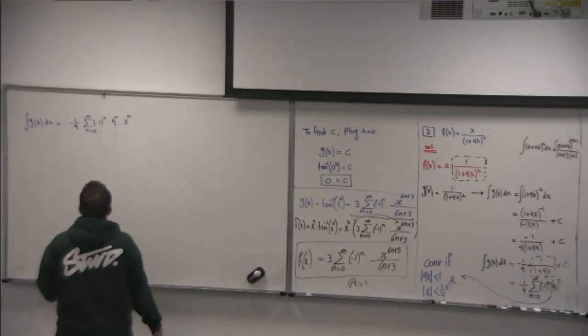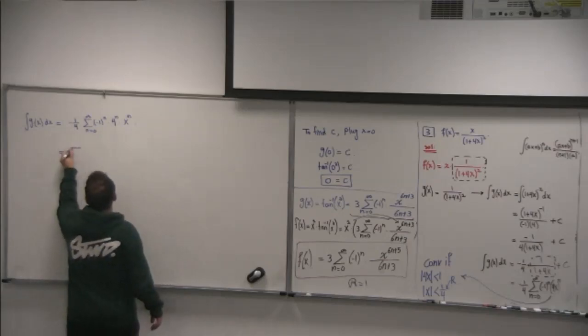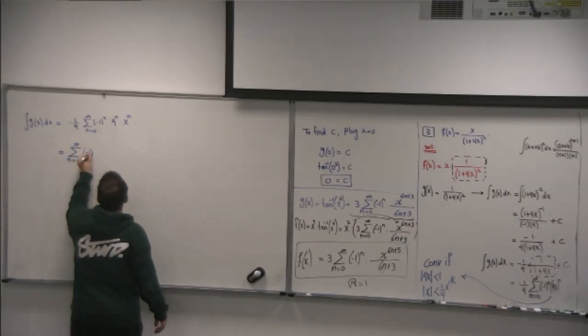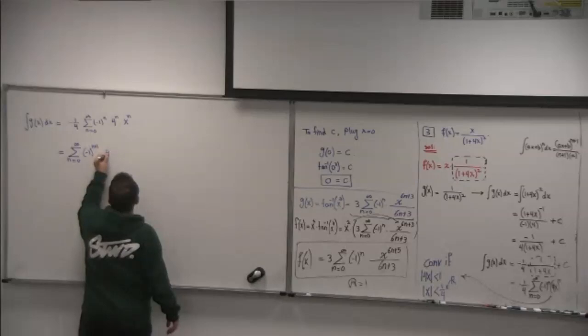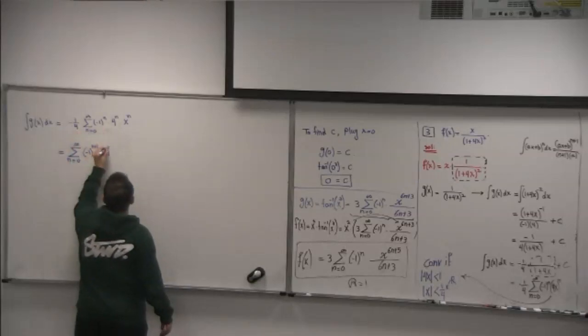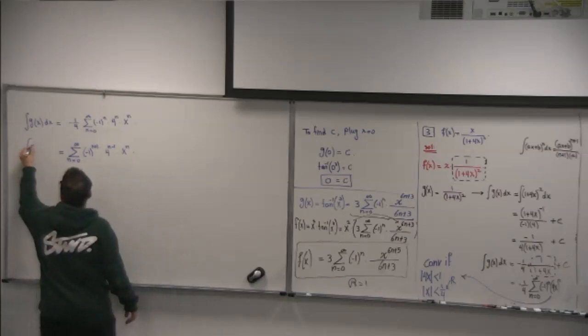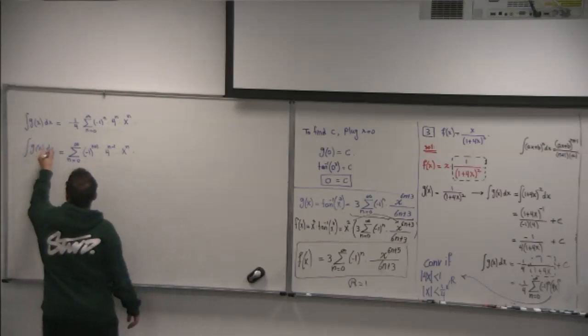If you want to insert it inside, you can do it like this. You insert things fully, because you can insert the minus, so this becomes minus 1 power n plus 1, and then the 4 power n over 4 is 4 power n minus 1 x power n. That's the integration g of x.